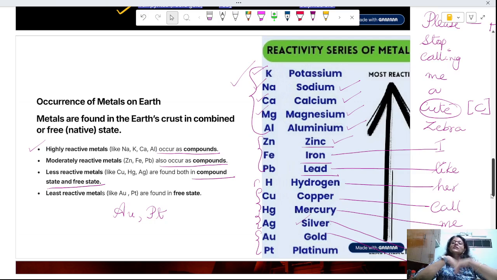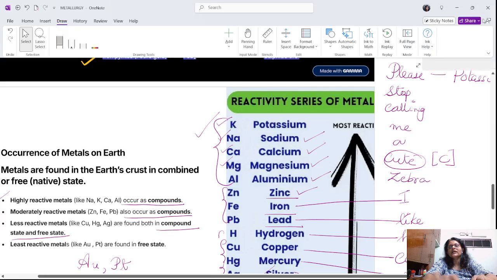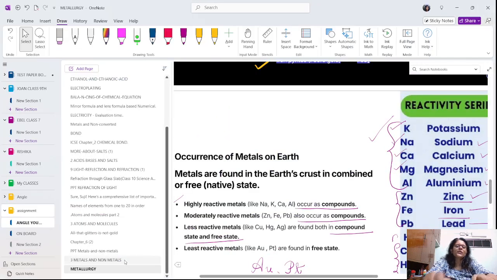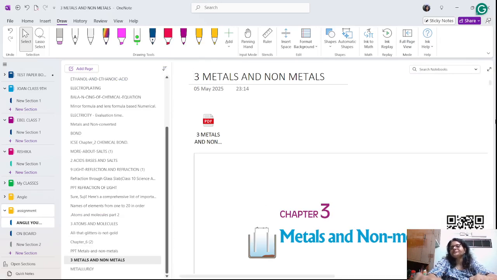Metals belonging to the less reactive series will undergo heating in the presence of oxygen, and they will be converted straight into their metals. Okay, so let's learn further about this.